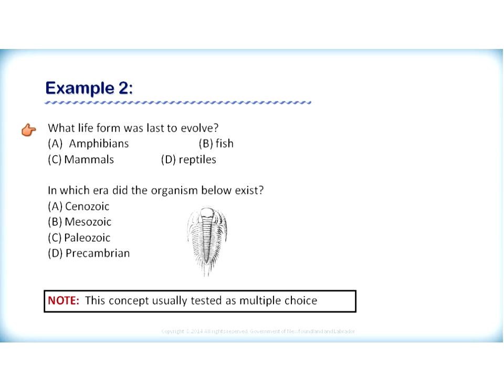So if we go back and look at the evolution of life forms again, your fish were the organisms which evolved from invertebrates, followed by amphibians in the middle Paleozoic, followed by reptiles in the Mesozoic, and then followed by mammals in the Cenozoic. So the answer to the last life form to evolve would be your mammals, which is represented in the Cenozoic era.